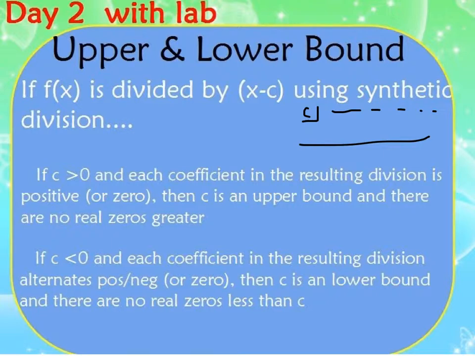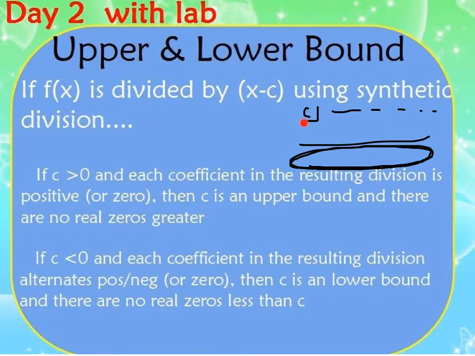And what it's saying is that if your C is positive, and each coefficient in the resulting division, so you're talking about all of these numbers down here, if each one of those is positive, or it can be 0, then C is an upper bound, and there are no real zeros greater than that, meaning nothing is ever going to get bigger than that.